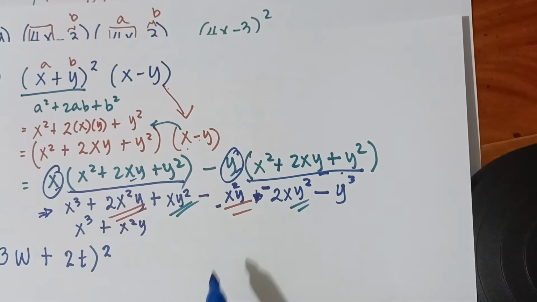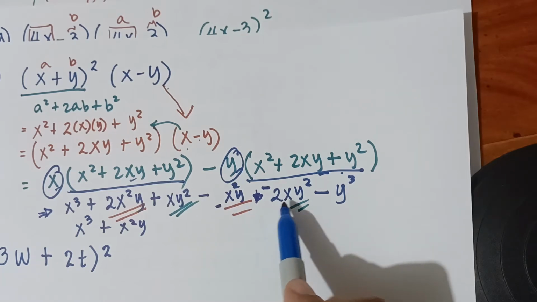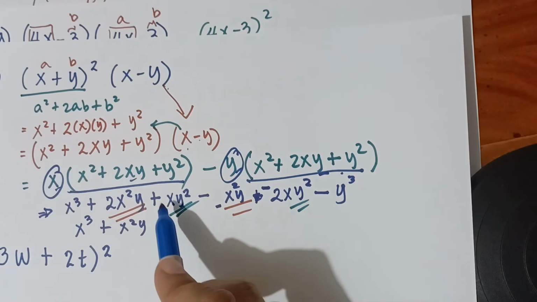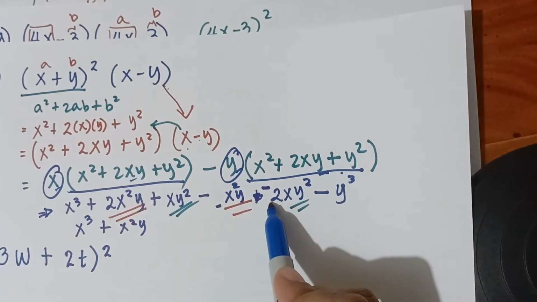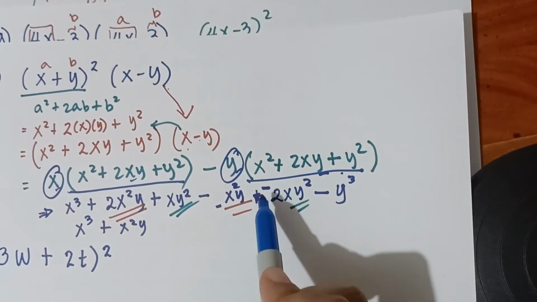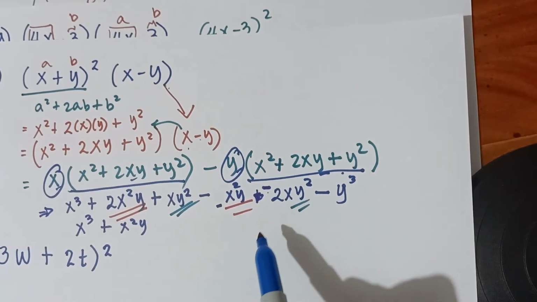Okay? And then next is xy squared minus 2xy squared. So as you can see here, there is again no number, so it's understood to be 1. 1 minus 2, that will be 1. But this time, the sign is what? Negative. Why negative? It's because the sign of the 2 here is negative.